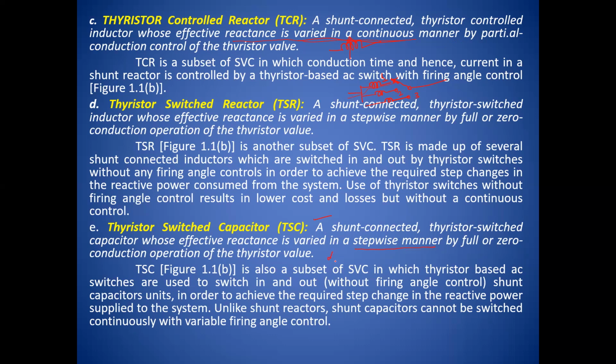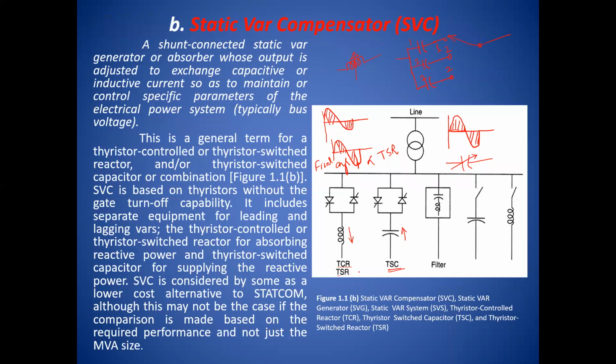When the firing angle is 0, it is full conduction, and when the firing angle is 180 degrees, it is the off position. So these are the two basic types of thyristor-based static var compensator used in FACTS devices.